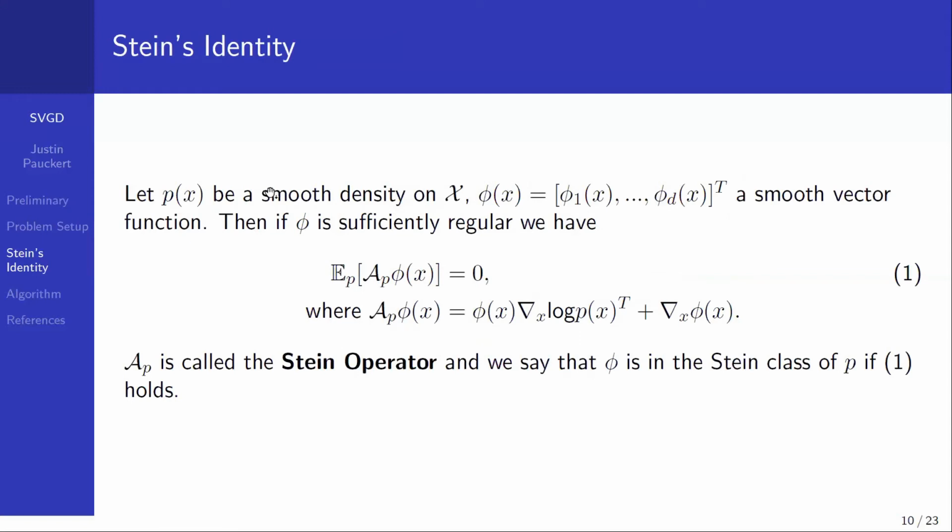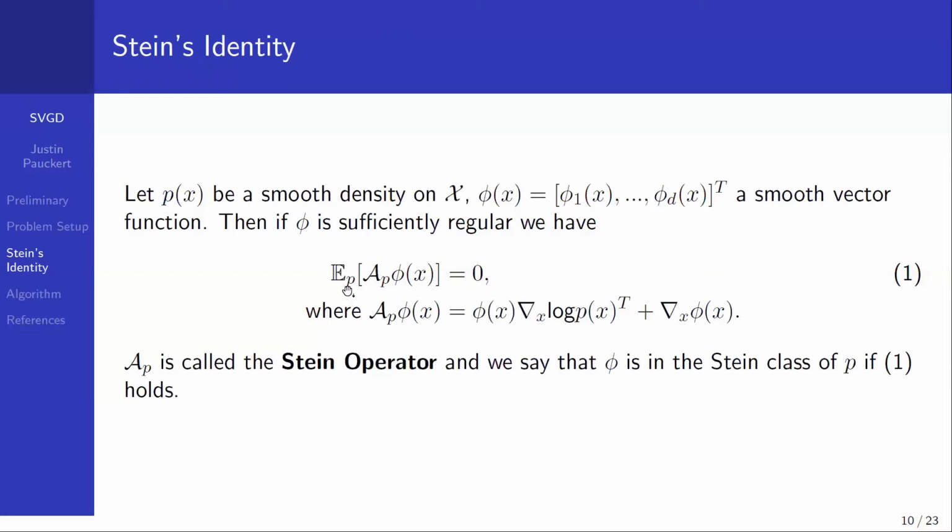So if we have a smooth density, and we also have a smooth vector function phi, and if that vector function is sufficiently regular, which means that it has some decent properties and some boundary conditions that it fulfills, then we can actually do a sort of transformation with the help of the Stein operator and this vector function that we have.